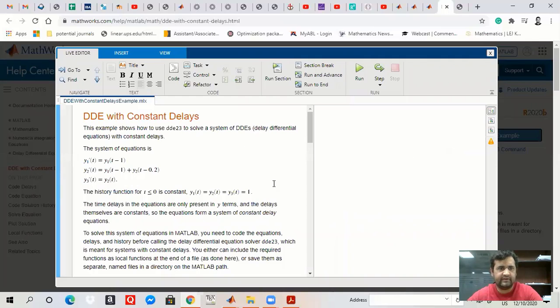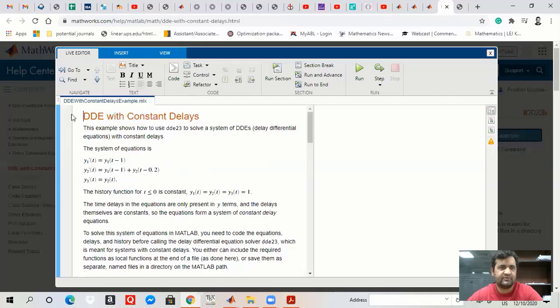Okay, so here I have to solve a system of three delay differential equations, and I have to make use of DDE23 in order to solve it. Here the history function is basically a constant, let's say 1 for y1, y2, and y3.